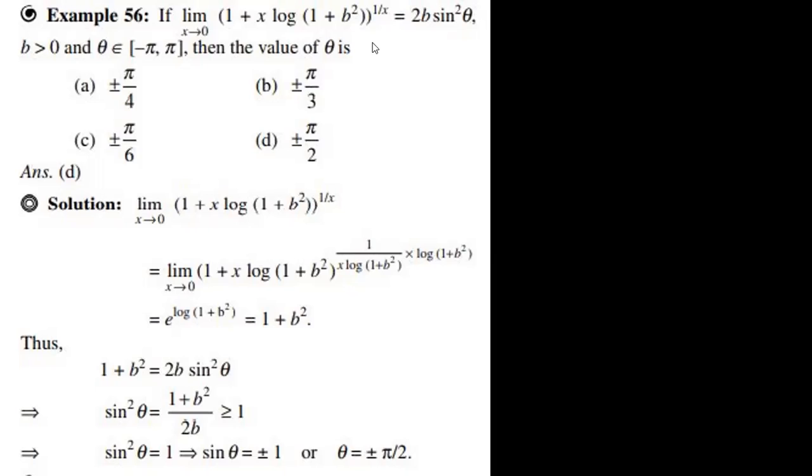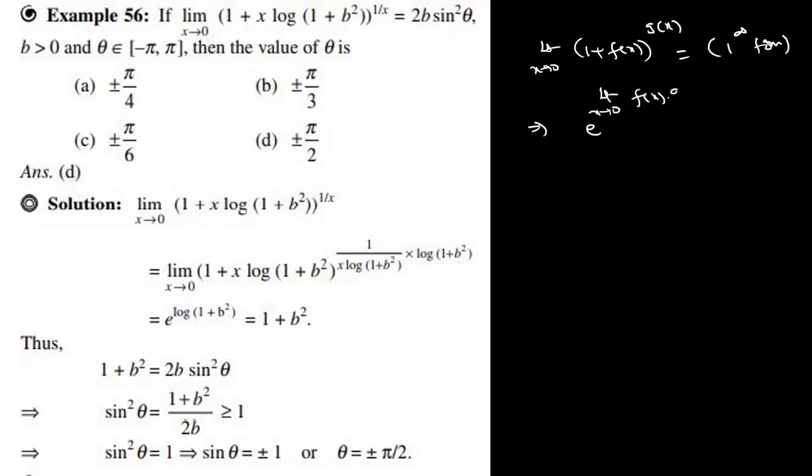What is the logic in this case? Once again I'm saying, limit x tends to 0 of (1 plus f of x) whole power g of x, the 1 power infinity form is coming. What to do here? e power limit x tends to 0 of f of x into g of x format.